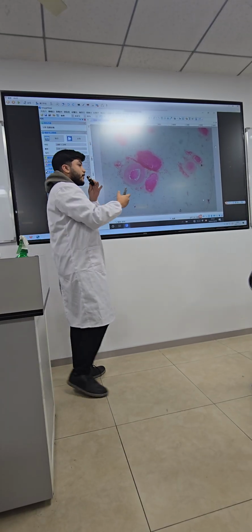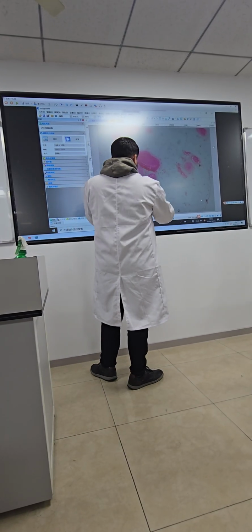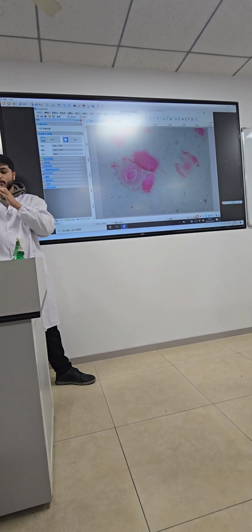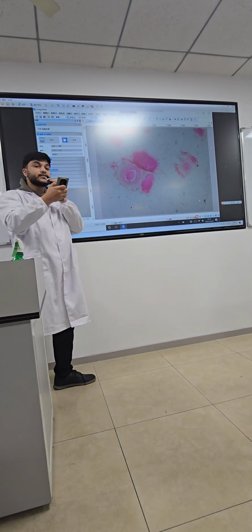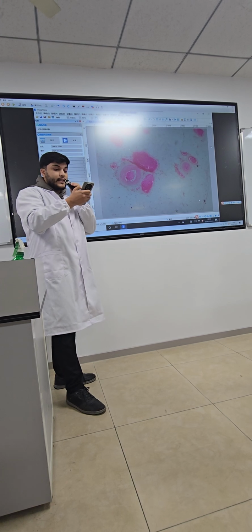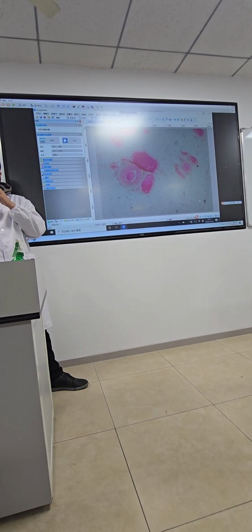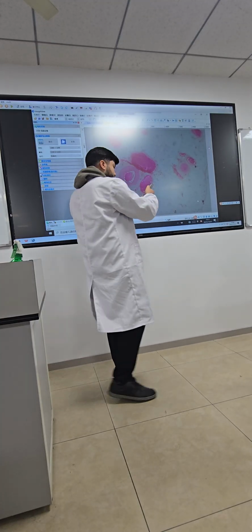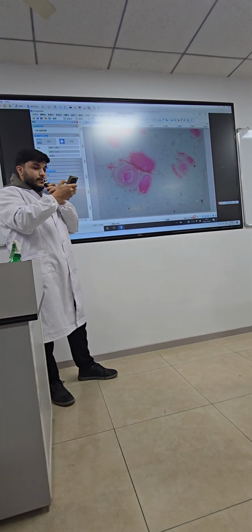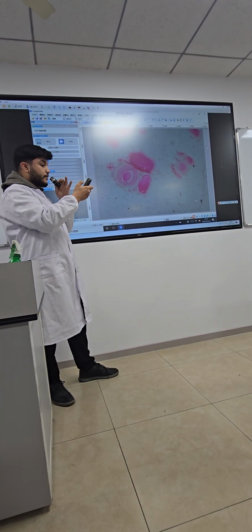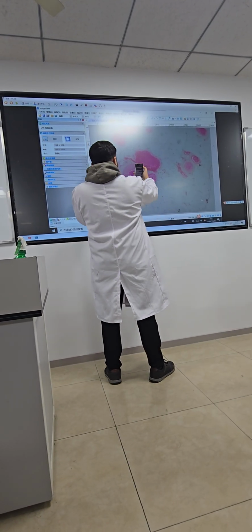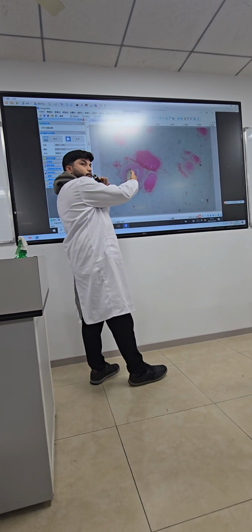So now we're going to speak about the small vein. The small vein carries the blood back toward the heart after it passes through the capillaries. It has a larger and irregular lumen and a thinner wall compared to the small artery.